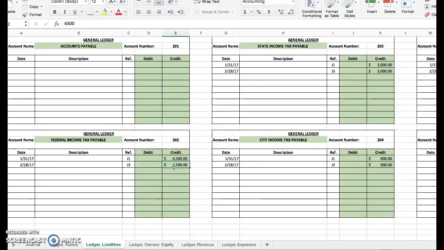So again, just to review, I know some of you have been away for a while. The payroll entry would withhold some money from the employees, and we will have to pay that later, but it's the money that they earned, the employees earned each month, $6,500 that they didn't get. We withheld it because we're going to pay their federal income tax payable for them.